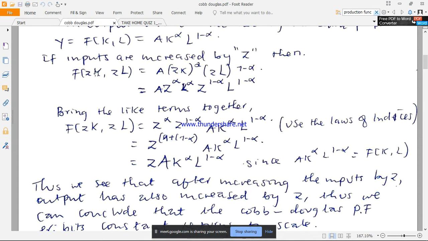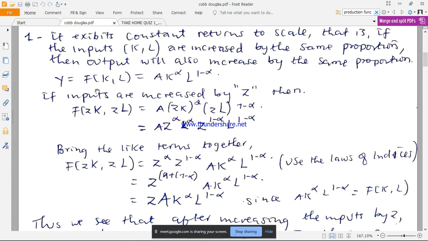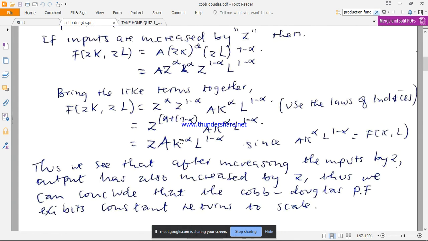But now that we have increased inputs by Z, output has also increased by Z. Thus, this Cobb-Douglas function exhibits constant returns to scale, because we've increased inputs by Z and output has also increased by Z. This is how we prove that this particular production function exhibits constant returns to scale.